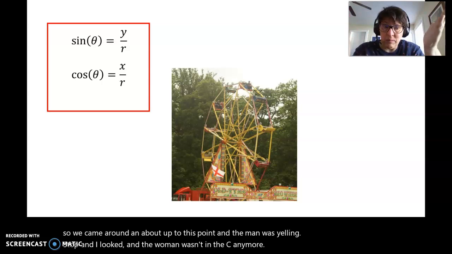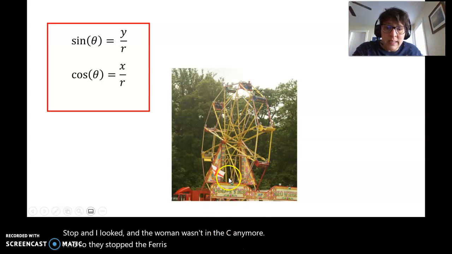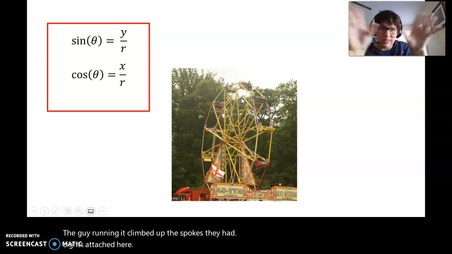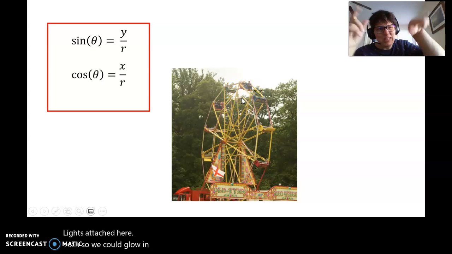And so they stopped the Ferris wheel, and the guy running it climbed up the spokes. They had lights attached here, so it could glow in the dark. Here's a star, wee!